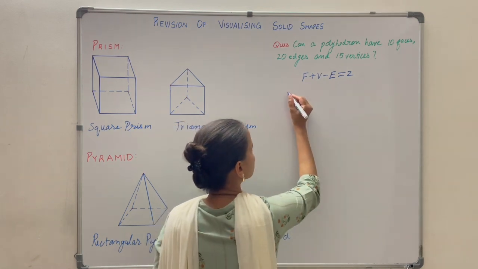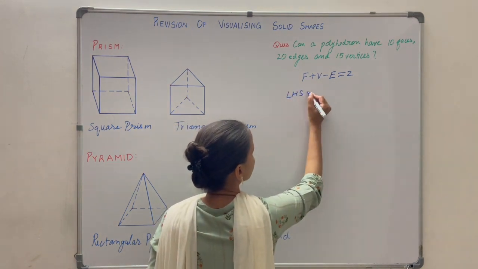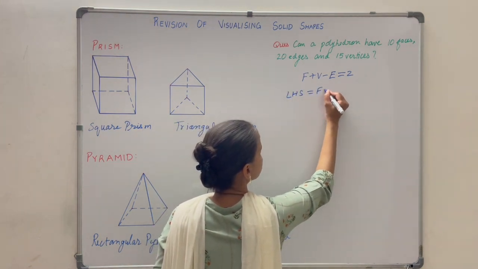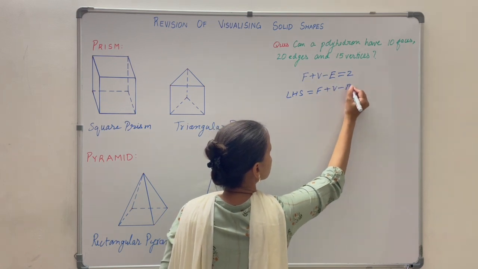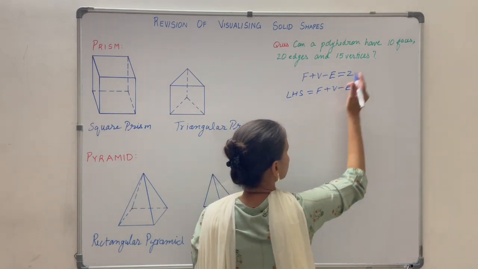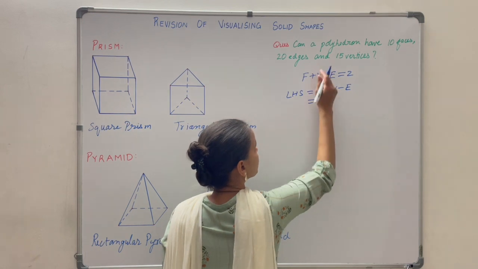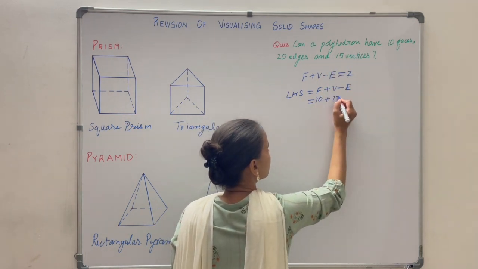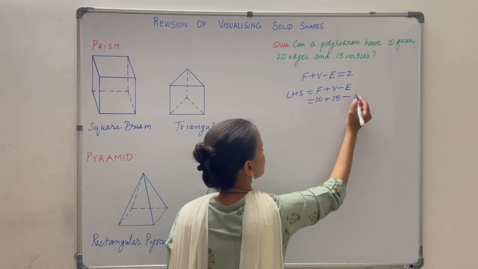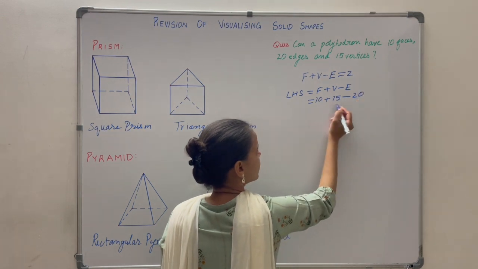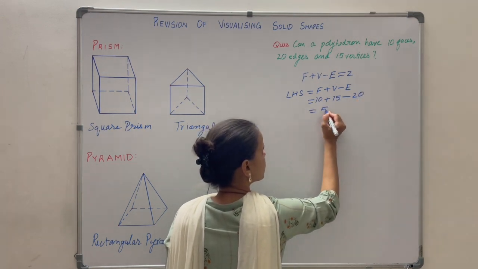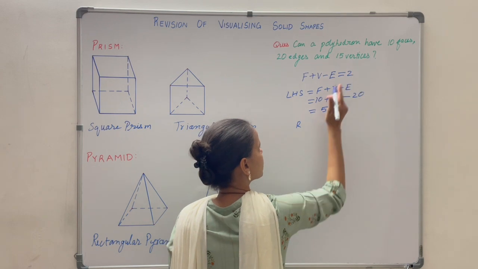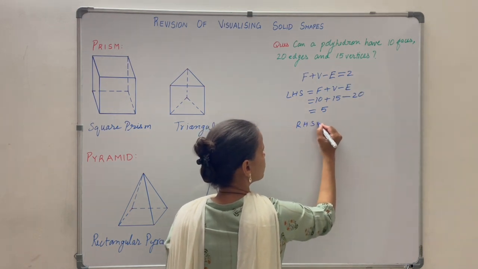Let us solve this. On the left hand side, we have F plus V minus E. So the number of faces is 10, vertices is 15 and edges is 20. So 25 minus 20 is 5. On the right hand side you have 2.